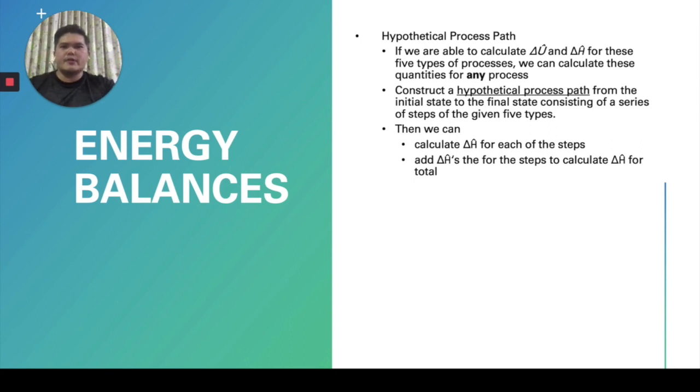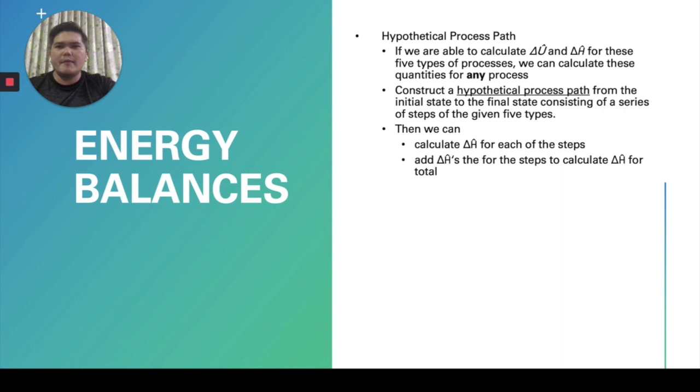So the hypothetical process path allows us to calculate delta U and delta H for these five types of processes, and if we are able to calculate for these, then you should be able to calculate for any kind of process.